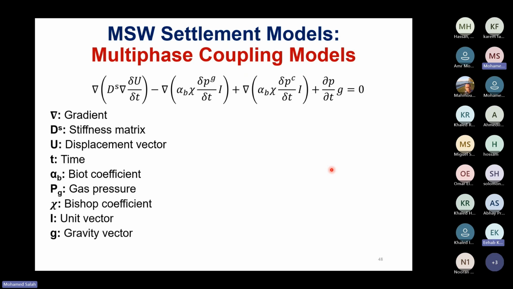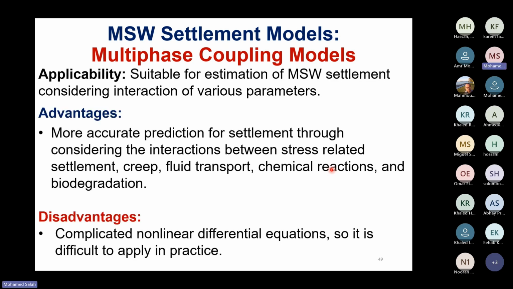These models are suitable for estimation of municipal solid waste settlement, considering the interaction of various parameters. It gives more accurate prediction for settlement by considering the interactions between stress-related settlement, creep, fluid transport, chemical reactions, and biodegradation. But it's a very complicated nonlinear differential equation, so it's not easy to apply in practice.